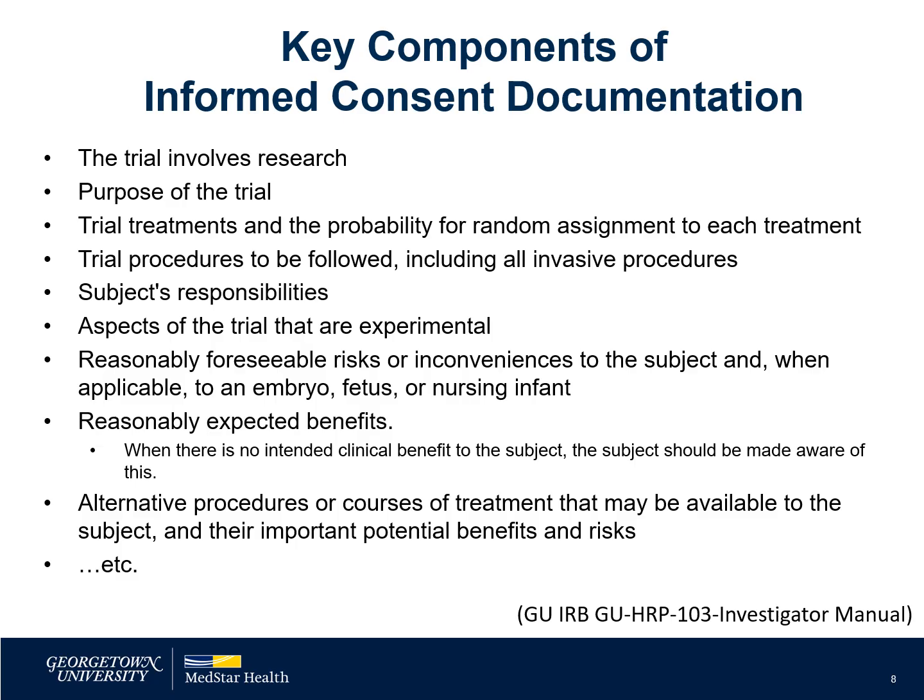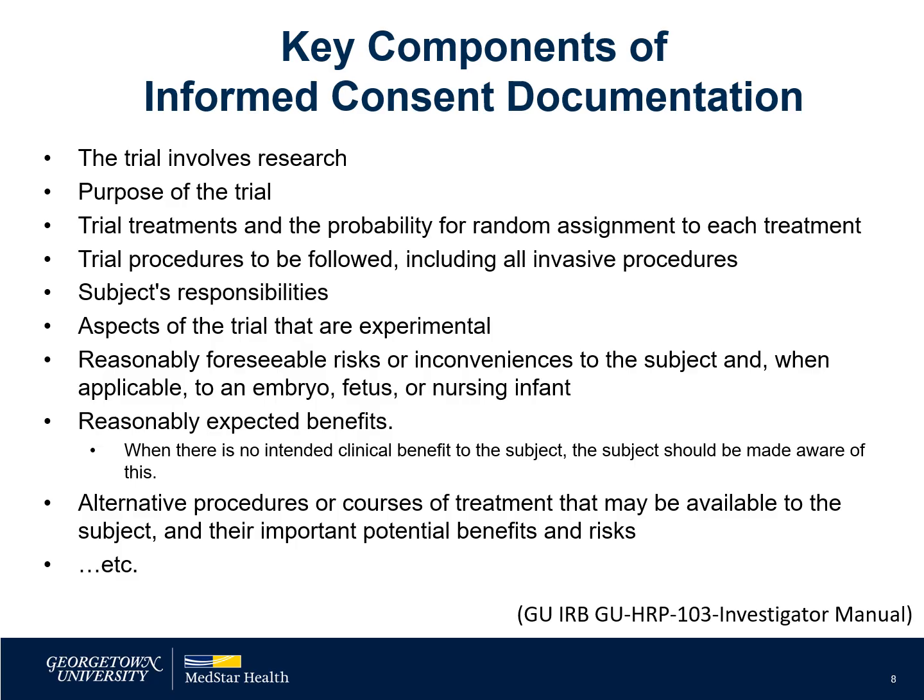The reasonably foreseeable risks or inconveniences to the subject and, when applicable, to an embryo, fetus, or nursing infant are discussed. Reasonably expected benefits are discussed. Please note that when there is no intended clinical benefit, the subject should be notified. Any alternative procedures or courses of treatment that may be available to the subject, and their important potential benefits and risks should be discussed.